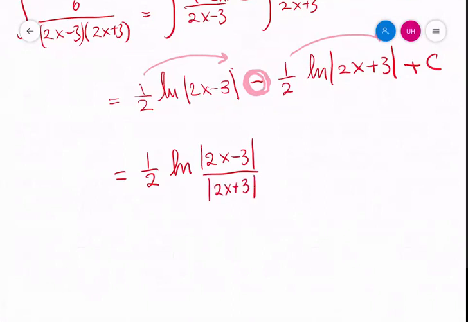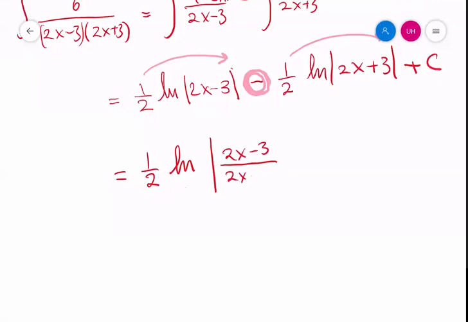Yes? So they have to be under one, same thing here: 2x minus 3 over 2x plus 3, plus 3. And that's it.